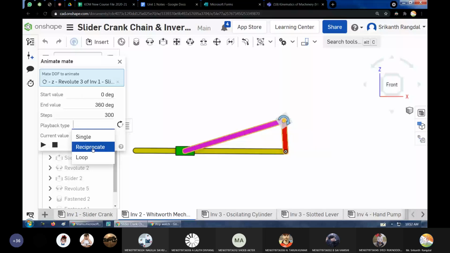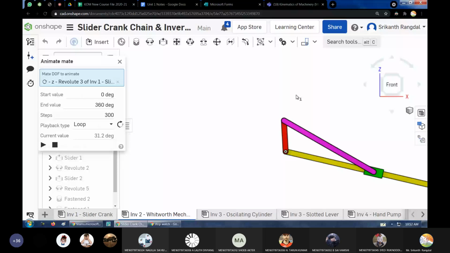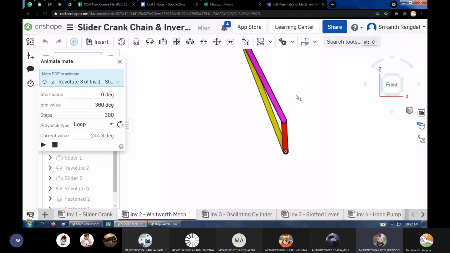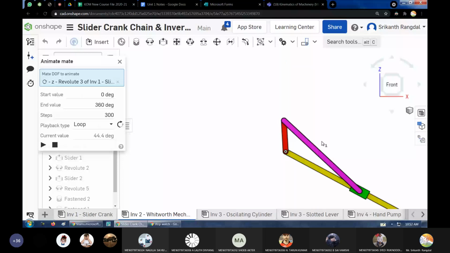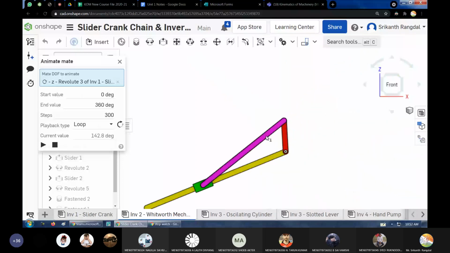Okay, so which link is the input? Hello, are you getting my voice? Yes, sir. Yeah, so the pink link here will act as input, and the pink link will rotate at constant speed.